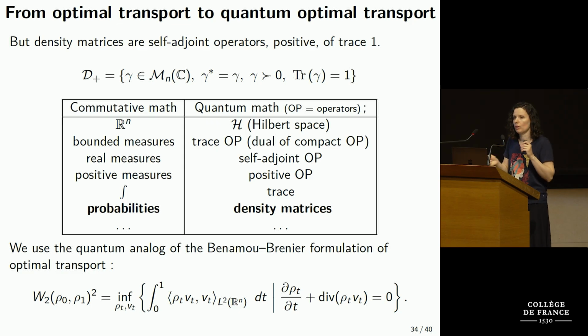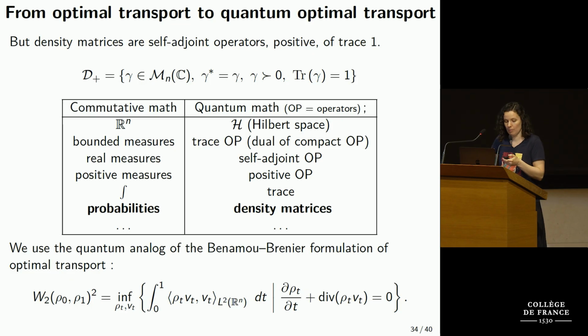And then there is also a full correspondence between many objects. For example, integrals can be replaced by traces, and positive measures are mapped to positive operators. So there is really a correspondence between classical probability measures and these density matrices.